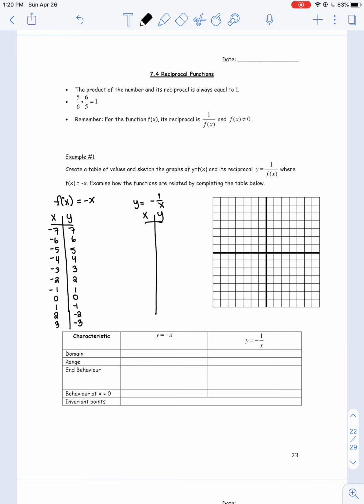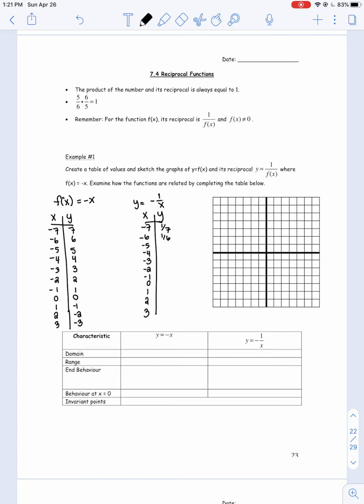So if we have x and y, let's say we plug in negative 7, you're going to find that the y-coordinate becomes positive 1 over 7. We're just taking the original y's and taking the reciprocal of them.